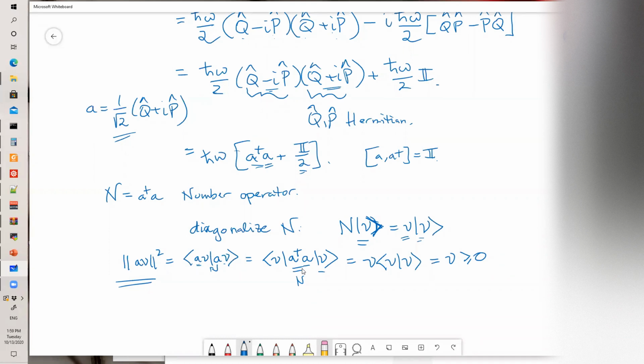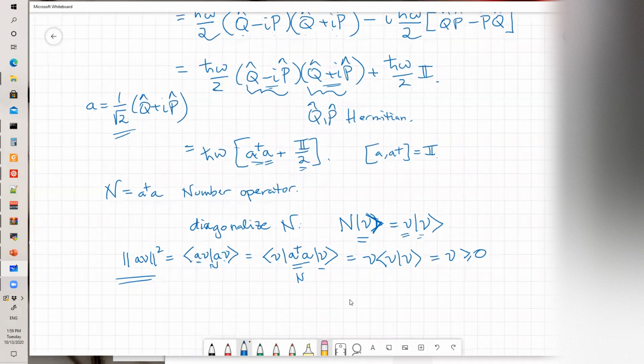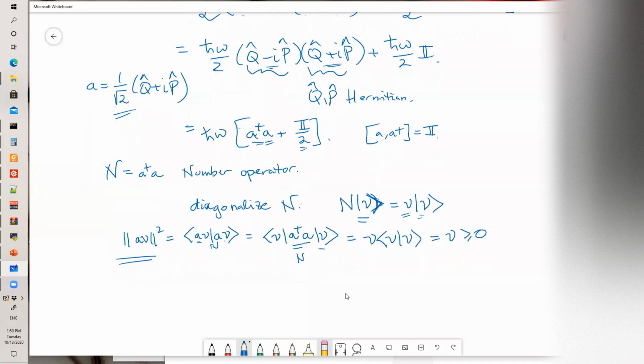Okay. We can do something else now. Oh, and another thing is, suppose that nu is 0. Suppose there's a 0 eigenvalue. If that's true, then that means the magnitude of this vector is 0.